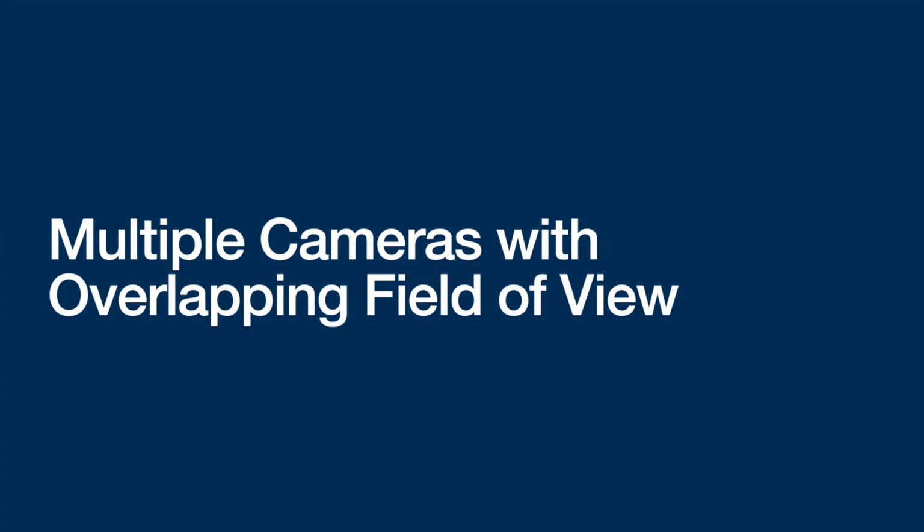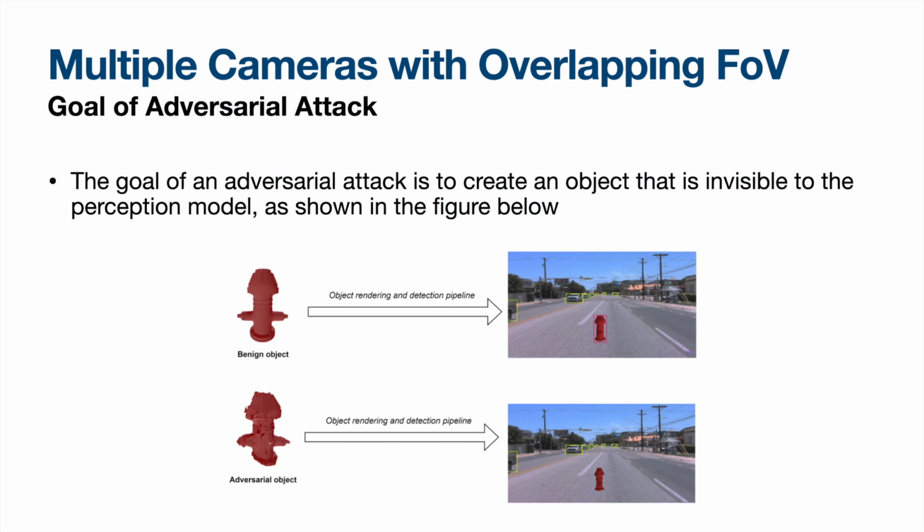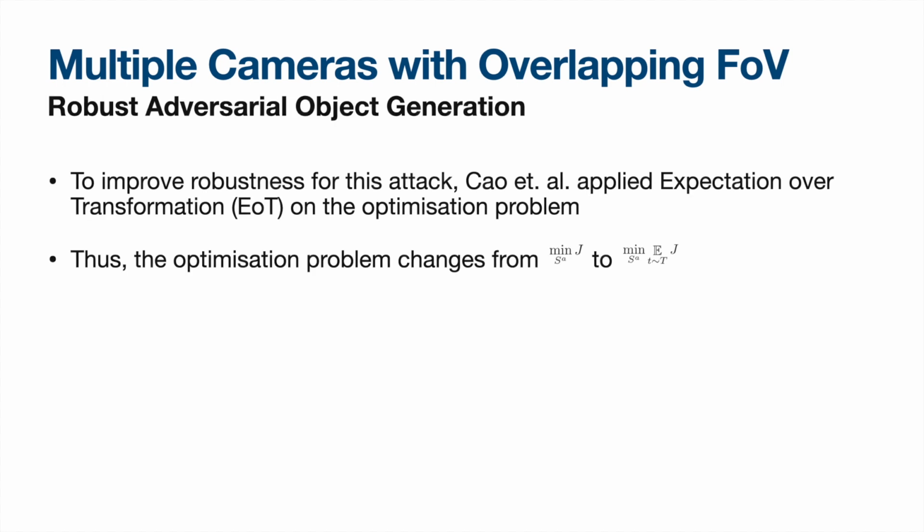Next, we will talk about multiple cameras with overlapping field of view. The goal of an adversarial attack is to create an object that is invisible to the perception model, as shown in the figure below. To improve robustness for this attack, researchers have applied expectation over transformation on the optimization problem, and thus changing the optimization equation.